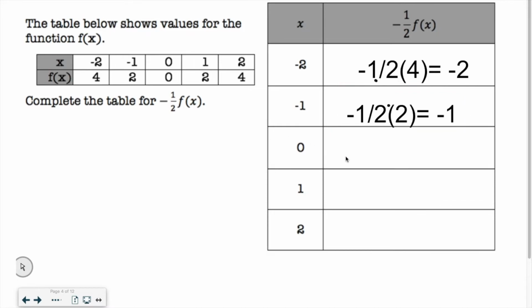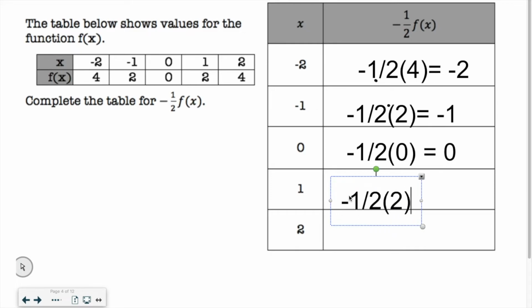So down here, we're going to take our negative 1/2, multiply it by 0, and anything times 0 is just 0, so that didn't change the value at all. And then when x equals 1, y is supposed to equal 2, but in our new function, we take negative 1/2 times 2. I should already know that answer because right here I have the answer. It's negative 1.